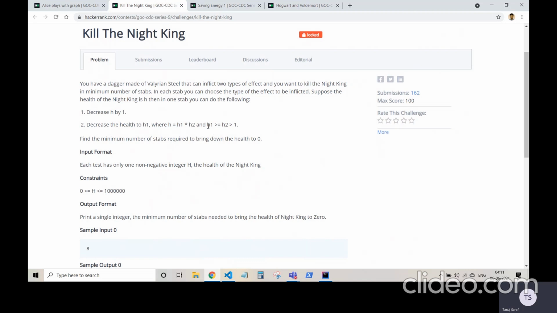And it is also given that h1 is greater than or equal to h2 and h2 is greater than 1. And we have to find the minimum number of stabs, or the minimum number of steps, that we have to do to bring down the health to 0, right? And this is in the order of 10 to the power 6.